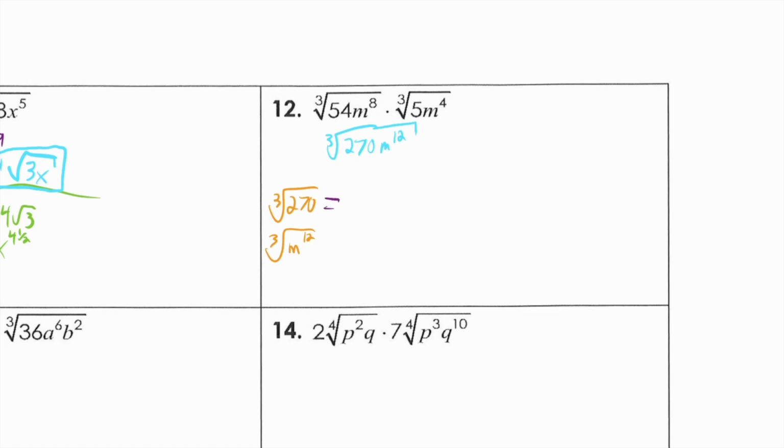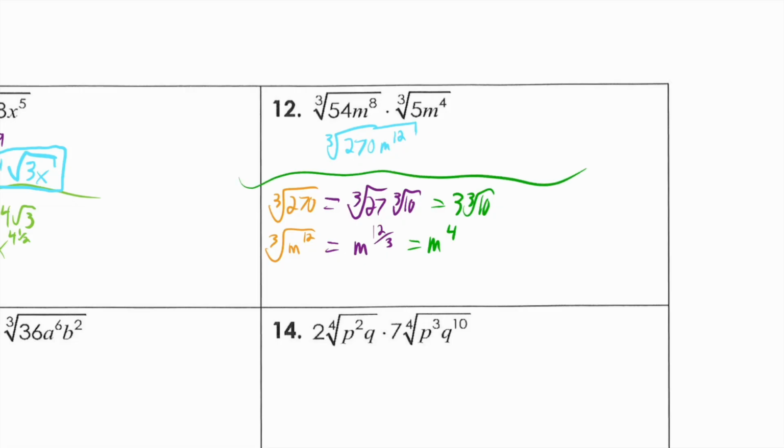Cube root of 270, that's going to be the cube root of 27, and the cube root of 10, which is 3 times the cube root of 10. And cube root of m to the 12th is m to the power of 12 over 3, which is m to the power of 4. So on the outside we have 3m to the 4th. On the inside we just have the cube root of 10.